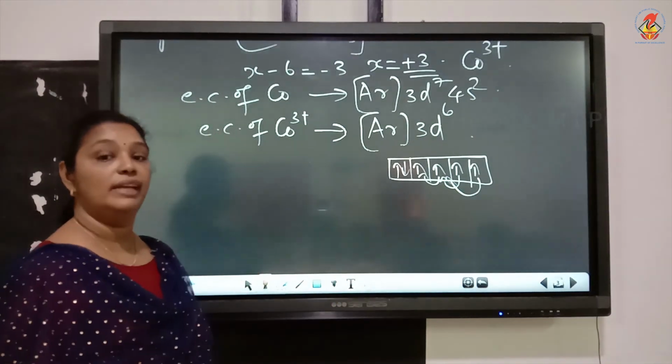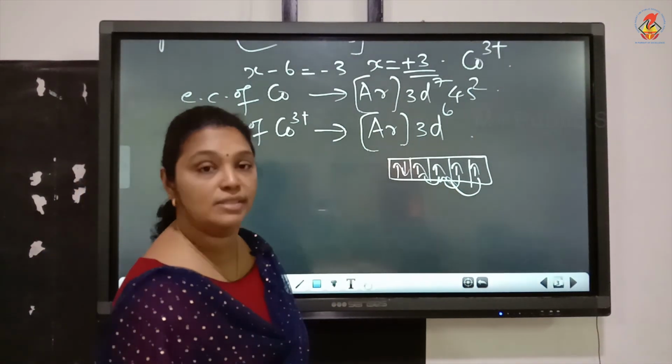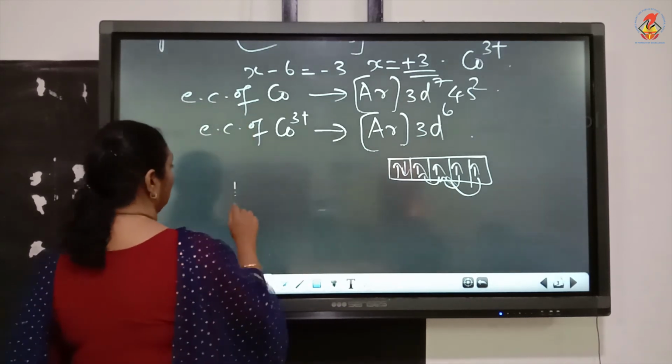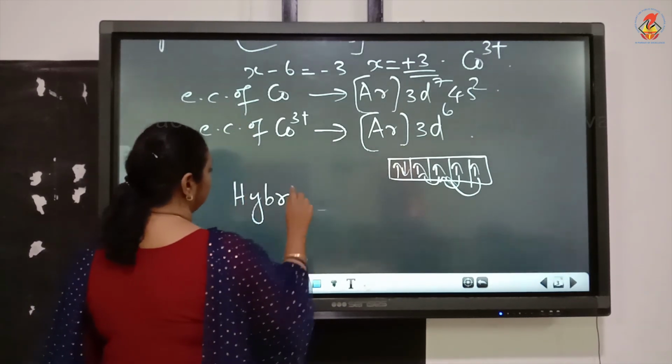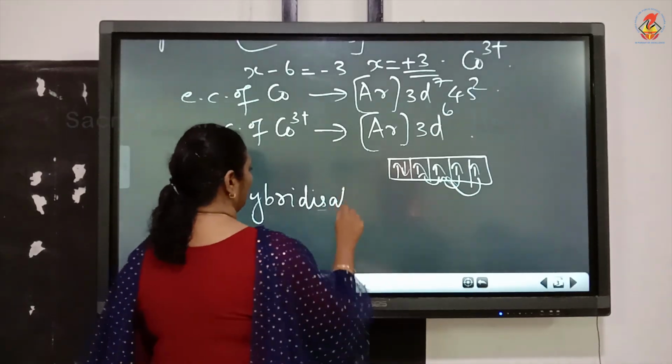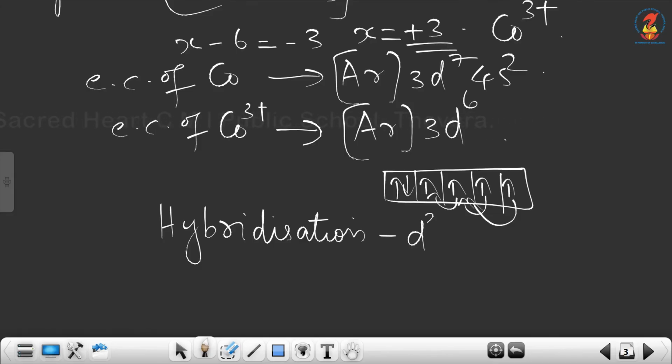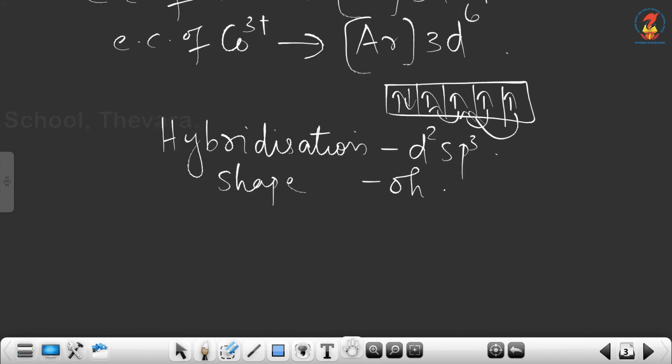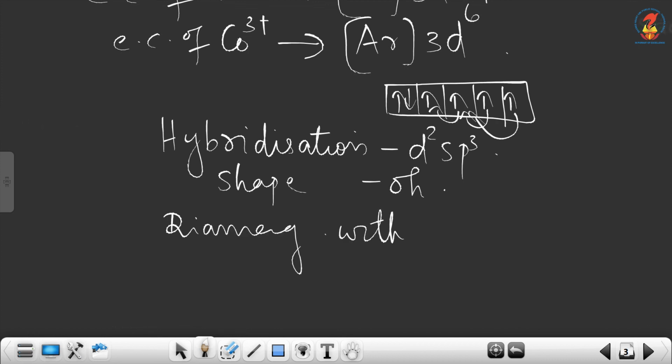Okay, so what are the informations that we can write about this compound? The informations are hybridization. Hybridization is d2sp3 since the ligand is strong. Then shape is octahedral. Now next is, it is also diamagnetic with no unpaired electron.